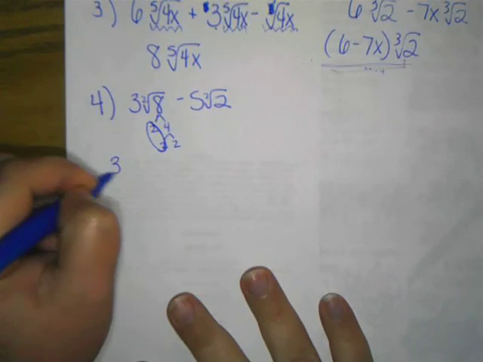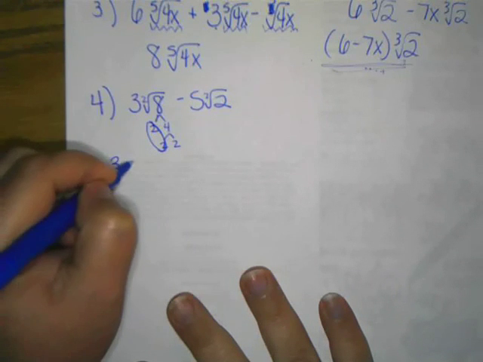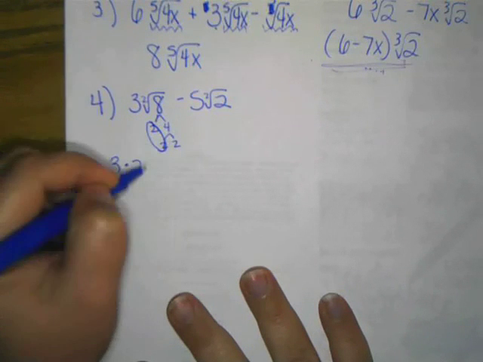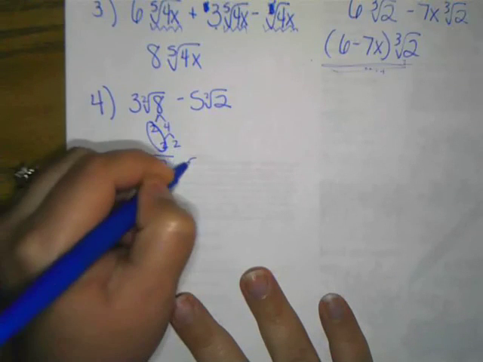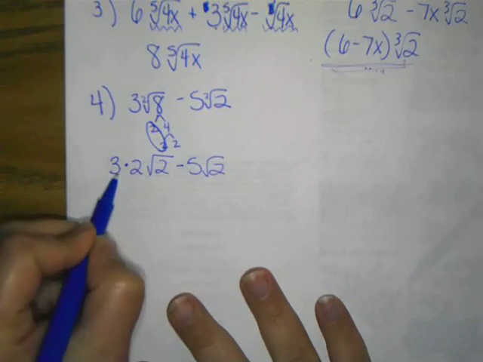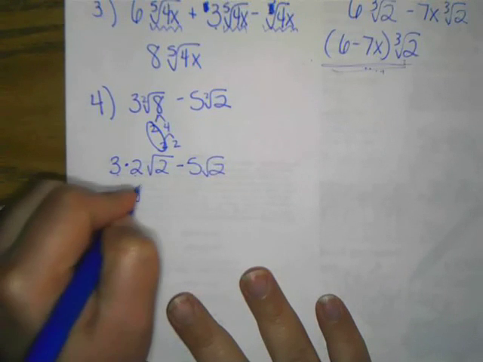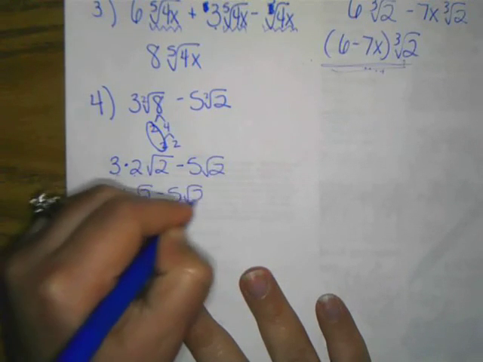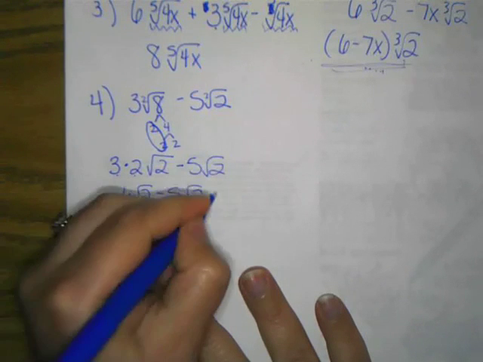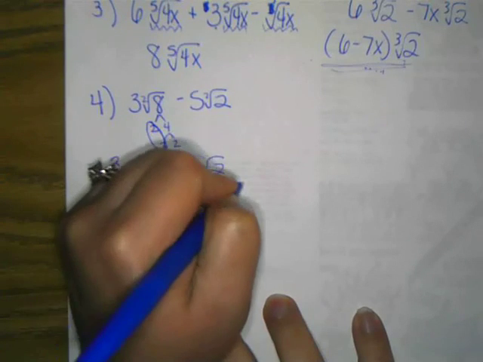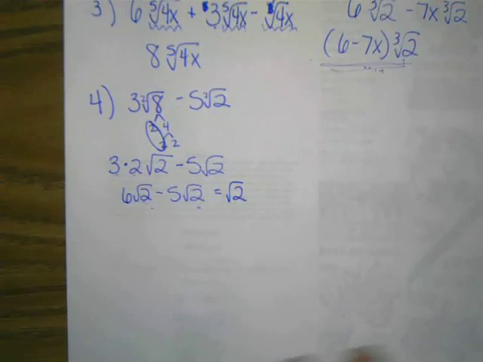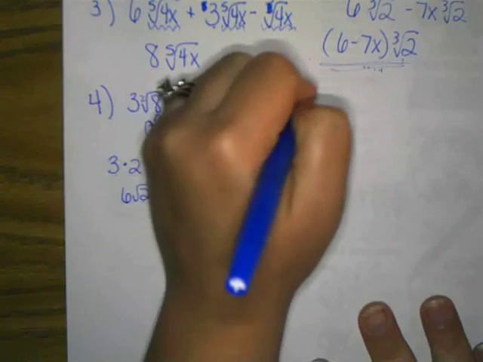So I have this 3 out front, one pair of 2's comes out, it leaves one lonely 2 inside, minus 5 rad 2. 3 times 2 is 6 rad 2, minus 5 rad 2. Now I have like radicals. 6 rad 2's minus 5 rad 2 is 1 rad 2. Okay?